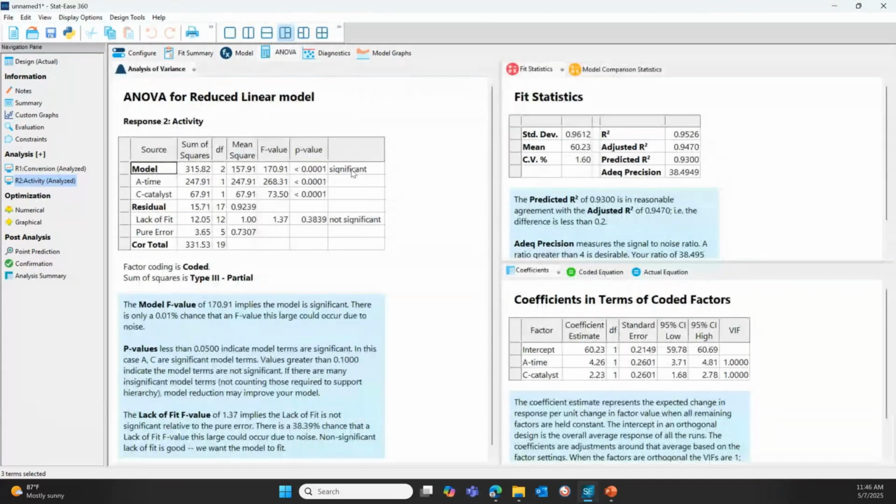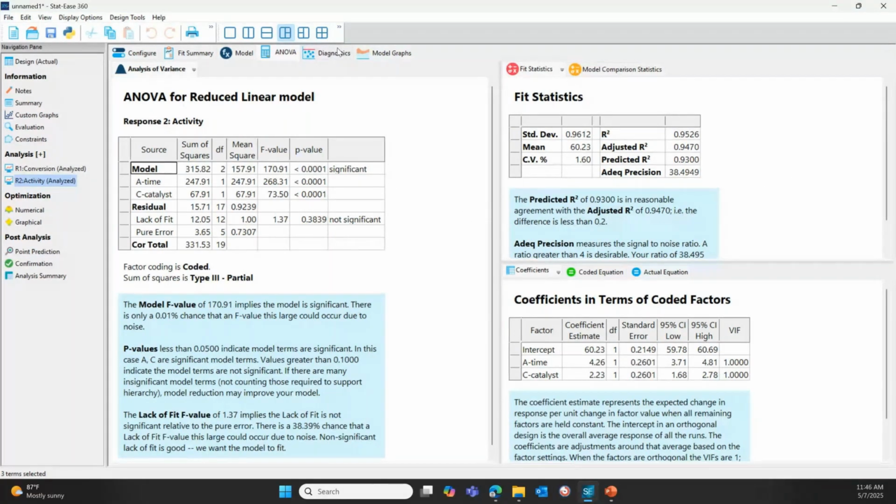So I still have a significant model. I have a not significant lack of fit. And the predicted R squared ever so slightly improved. The key here is it didn't get any worse. So sometimes if we reduce our models, we take out predictors that are not statistically significant, we can actually improve the utility of the model. Okay, so that's an important principle that we're going to see in the next case study.